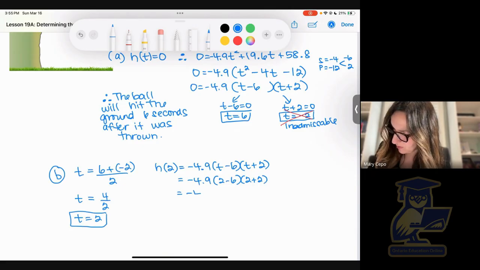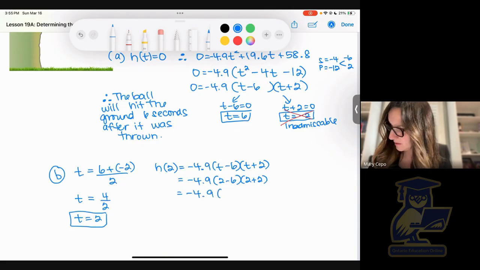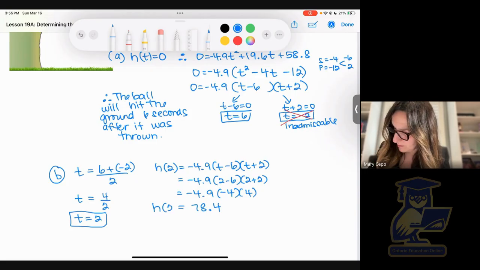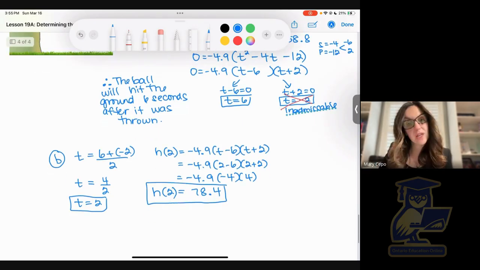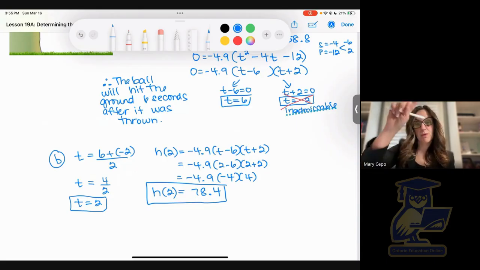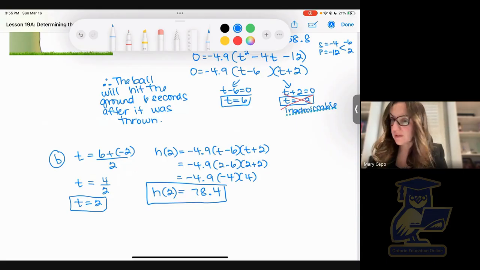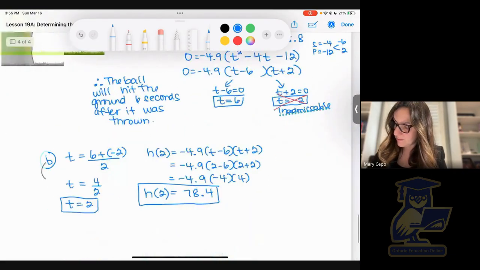So we have negative 4.9 times negative 4 times 4, which is positive 78.4. Looking at our a value, it is negative, so we definitely know it's opening downward, as we see in the diagram, because when you throw something, what goes up must come down. So, answering the question, what is the maximum height of the ball?